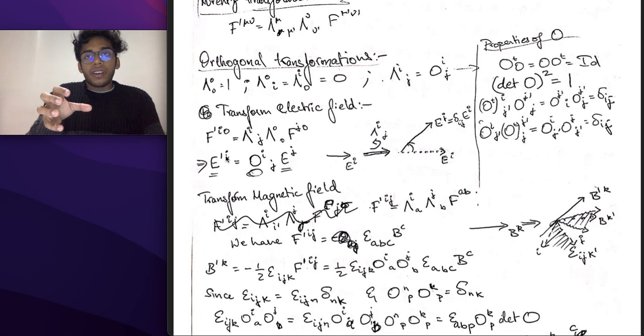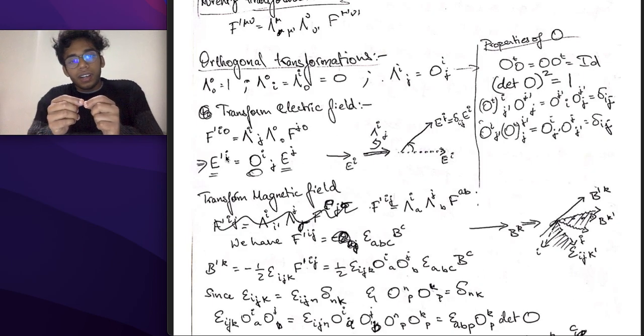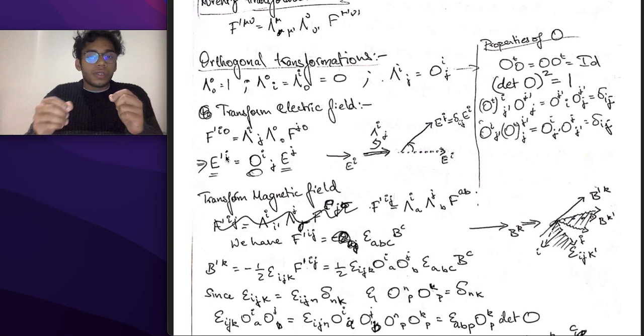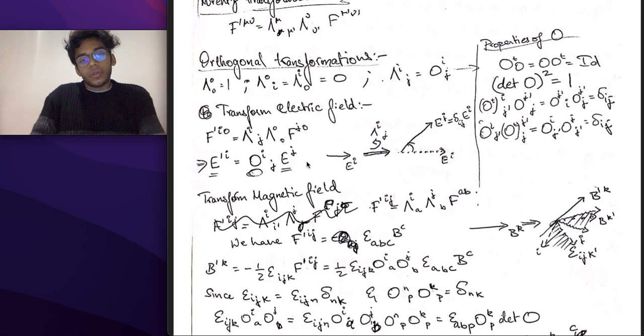But indices are just labels, and the more you get comfortable with how superficial these labels are, the better; at the same time they help you demarcate and separate things, and you get better clarity.